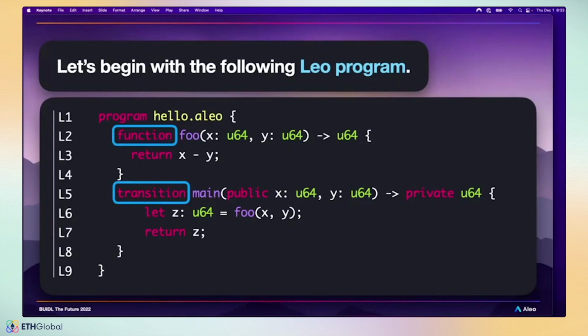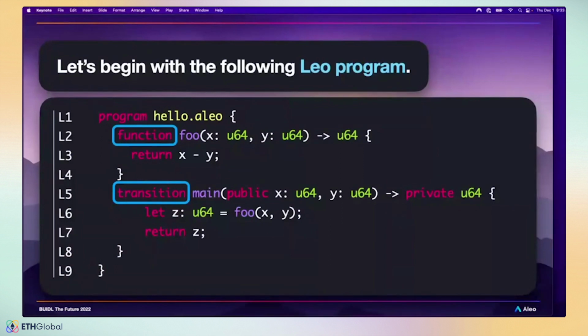Before going into the distinctions between a function and a transition, let's just walk through the logic a bit. Function foo takes in as input x and y, produces a u64 as an output, and returns the difference between x and y. Transition main, quite simple, invokes foo and returns it directly.